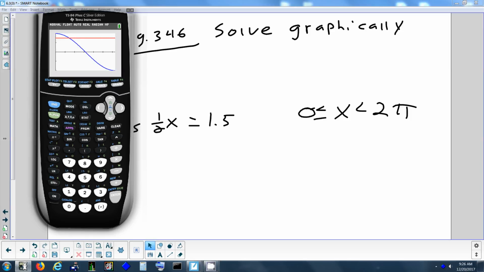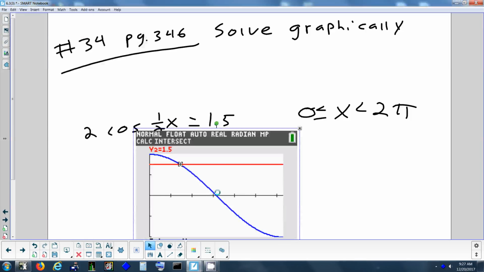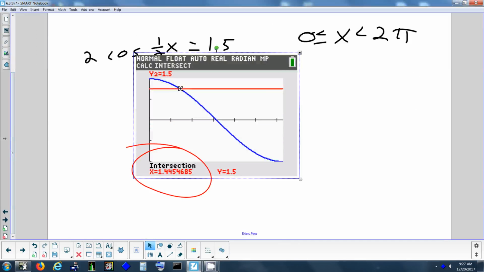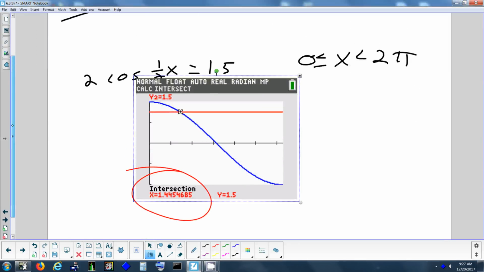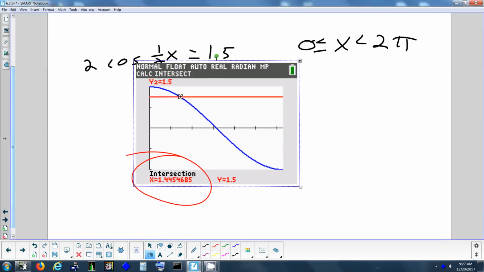That's only half a cycle. All right, so second calc, intersect. Because there's only one intersection, you can just hit enter 3 times. The guess doesn't matter. And there's the answer, 1.445. Any questions on that?